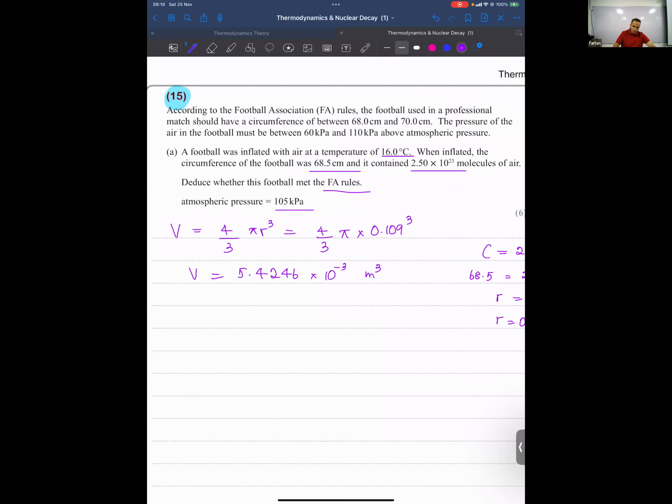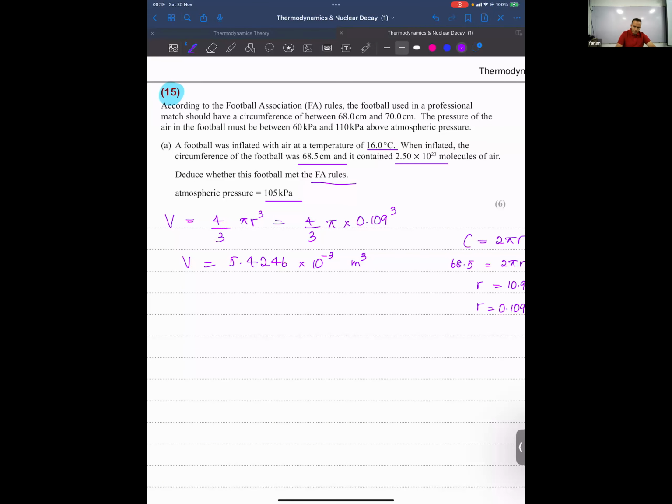So then, we know the number of molecules, so I can use PV equals NkT to find the pressure. So P equals NkT over V. N is the number of molecules, which is 2.5 times 10 to the power 23. k is 1.38 times 10 to the power minus 23.